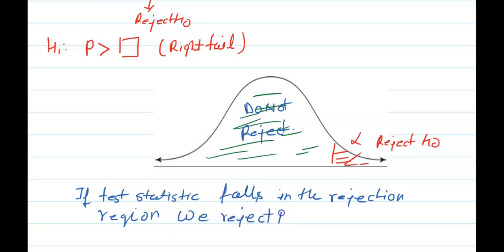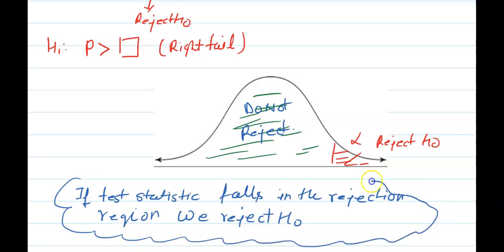Remember this thing. If our test statistic falls in the rejection region, like this red region, then we always reject H0. Okay, I hope things are clear now.